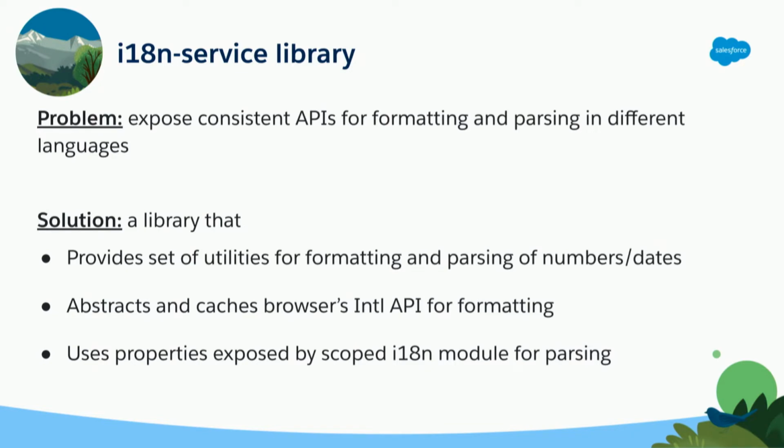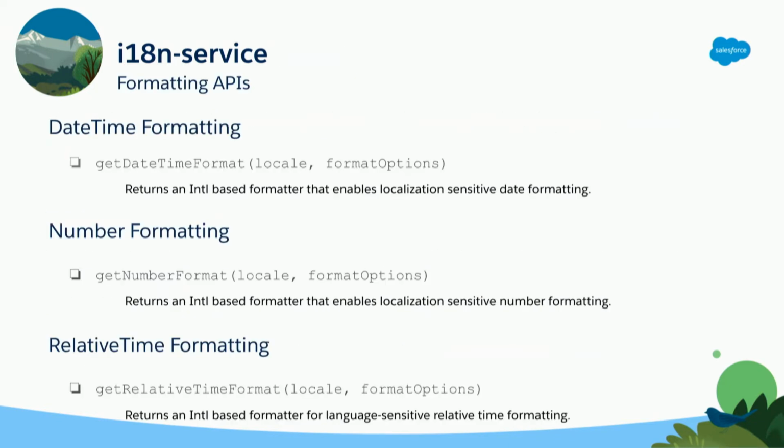And the last part is the service library that simply exposes those formatting and parsing capabilities. For formatting, it abstracts and caches the browser's Int'l API, and for parsing, it uses our implementation.